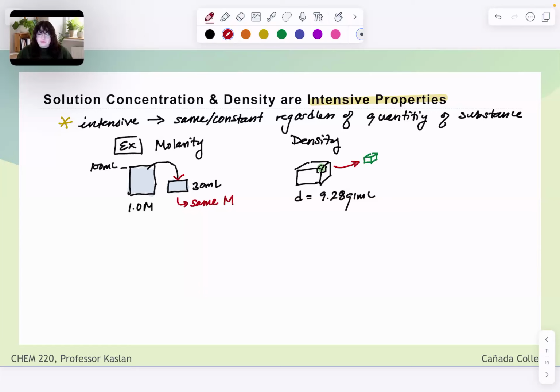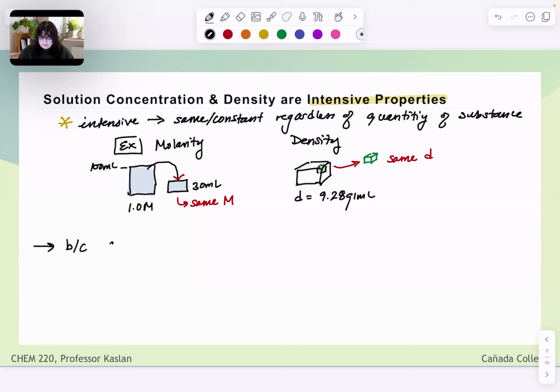Even though the amount of substance is smaller, we still have that same ratio of mass to volume. So we would have the same density. So why is this something that's important for us to know when thinking about converting between concentration units?